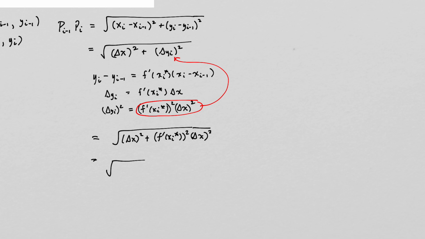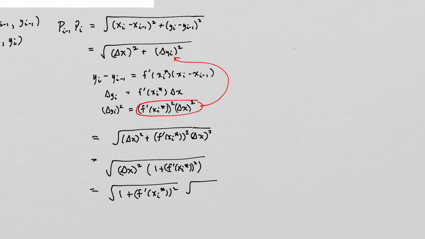This will allow us to factor out a delta x squared inside of the radical, leaving us with 1 plus f prime of x i star squared. Now we can separate this into 2 radicals. We have the square root of 1 plus f prime of x i star squared times the square root of delta x squared.